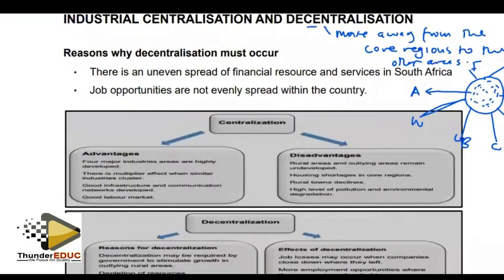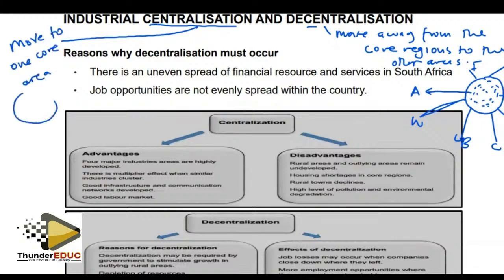Industrial centralization. With centralization, industries move to one core area. It's like they cluster in one region.